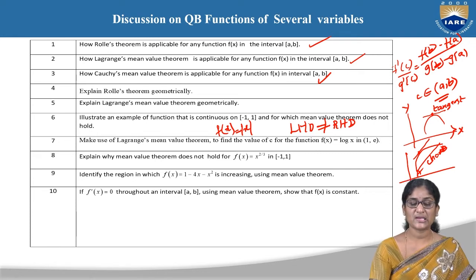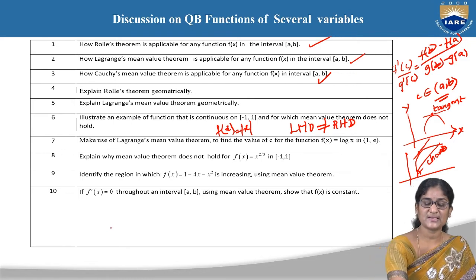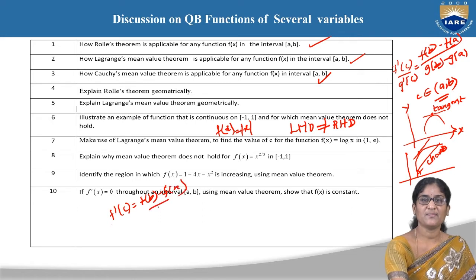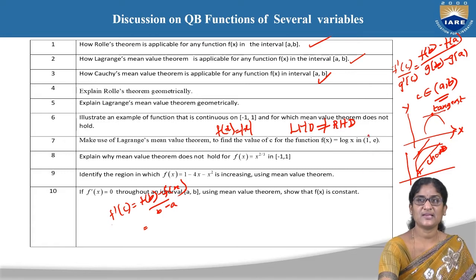Therefore, by Lagrange's mean value theorem, there exists c belonging to the open interval such that f dash of c is equal to f of b minus f of a divided by b minus a. Here a is 1 and b is e.